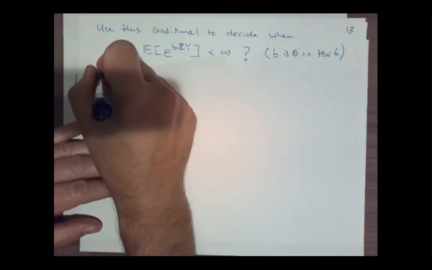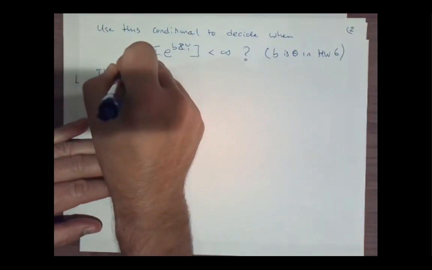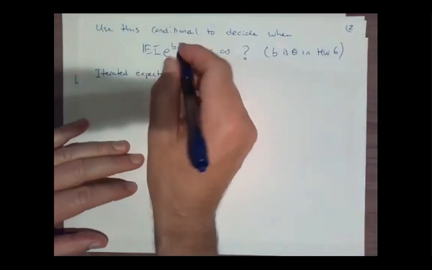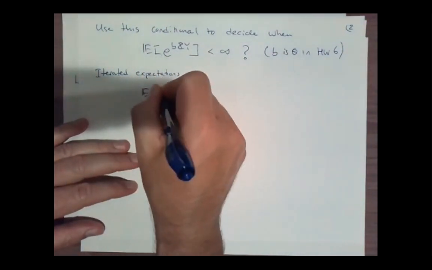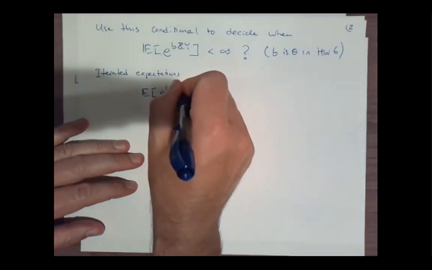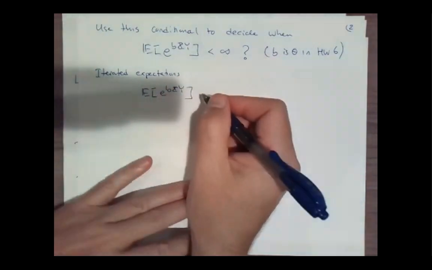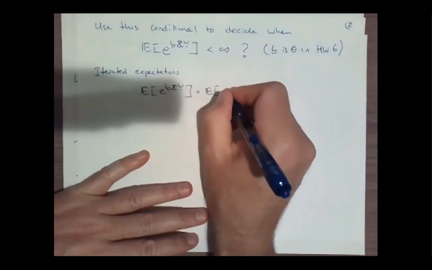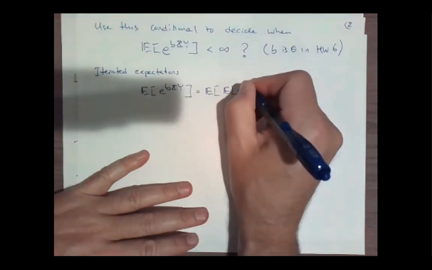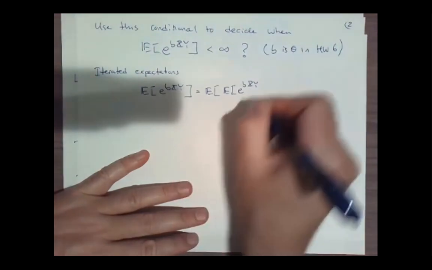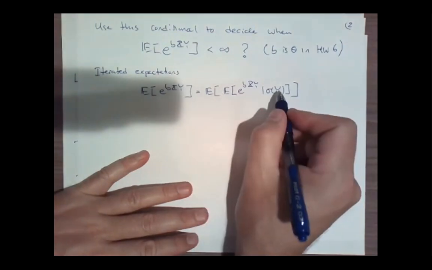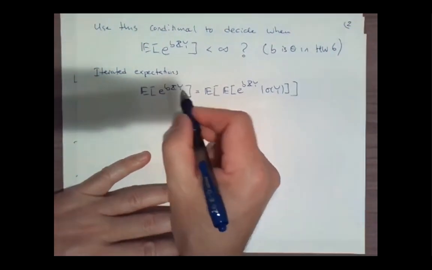So how will one determine that? Well, we'll use iterated expectations. I know that this expectation out here has this property that the conditional expectation is unbiased. If I plug in a conditional expectation in the middle and take the expectation of that, I'm going to get exactly the expectation of the original random variable.